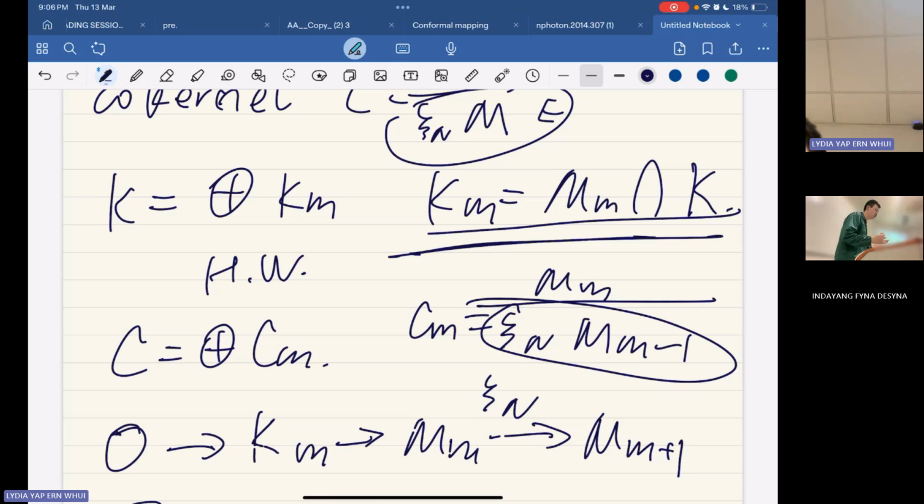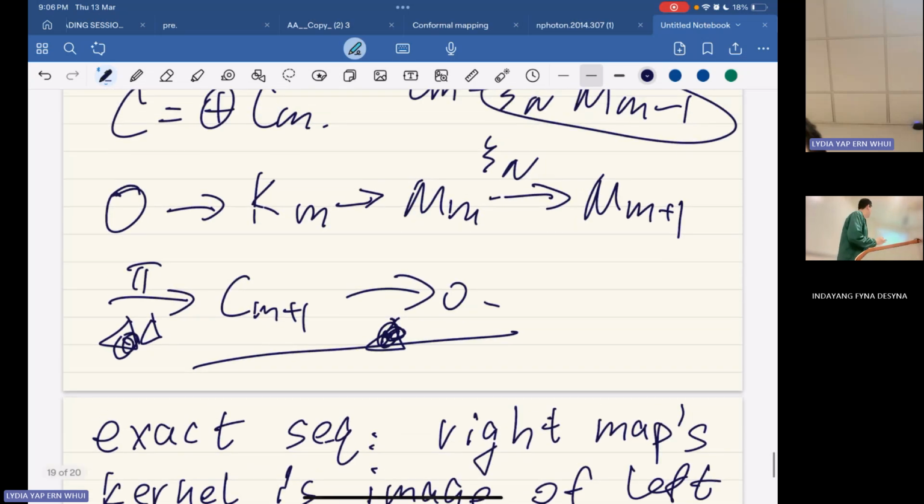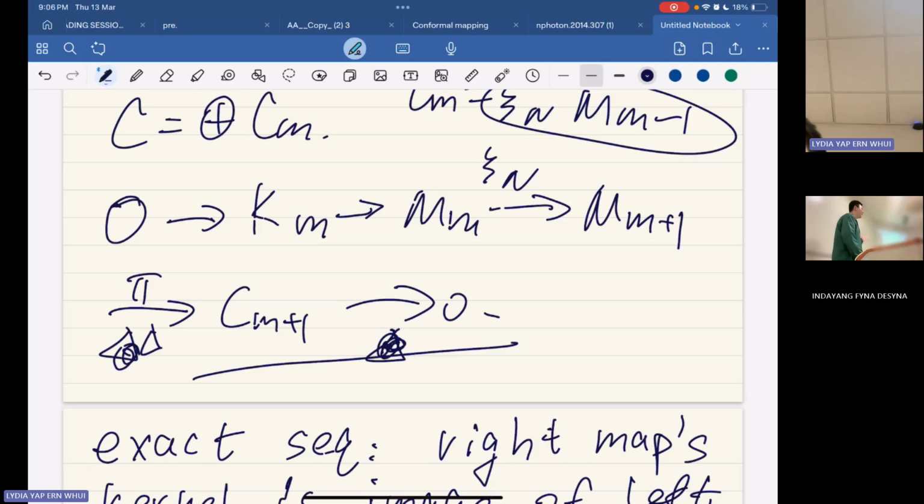There is a graded structure here. So specifically for this M_m, if we multiply by x_n, its kernel should be K_m, right? How do we define this map? This map just sends everything in K_m to itself. So this map's image is just K_m. It also satisfies that this image is equal to this kernel.